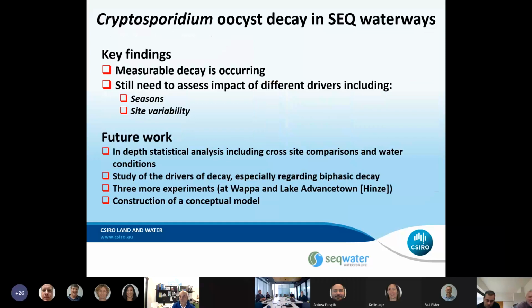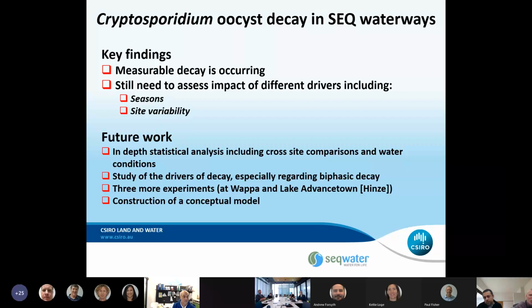This is a lot of work. We're still measuring this. What we're able to show, though, is that we can measure the decay rate, and we can show that it's occurring, just natural decay by the microorganisms over summer and winter. There is a little bit of seasonal impact, but it's not a massive impact over great periods of time.